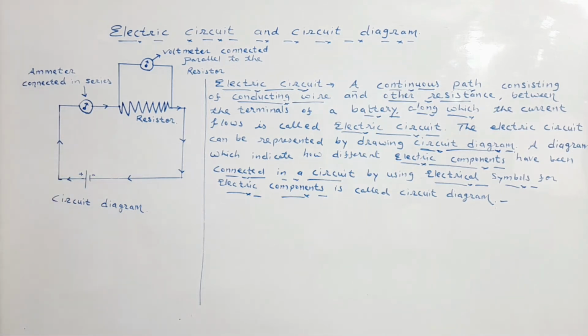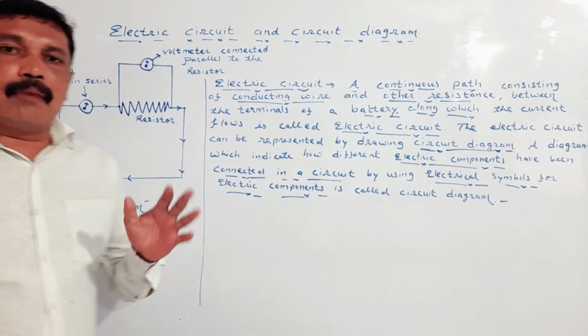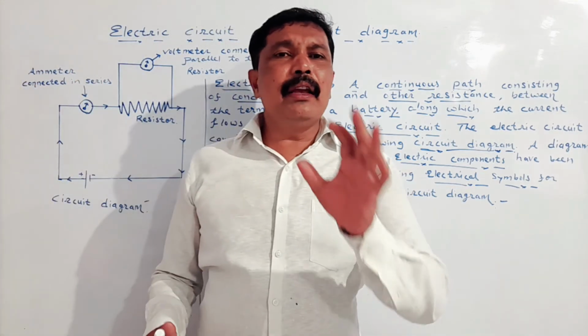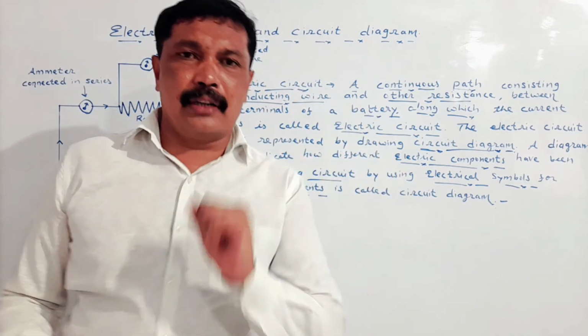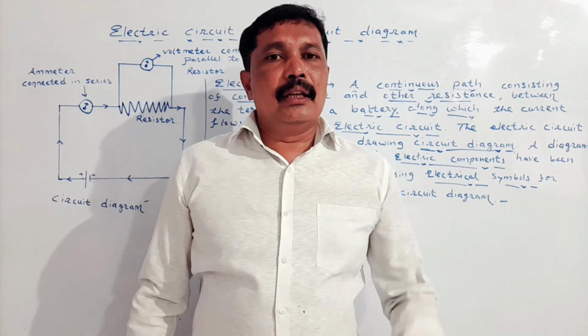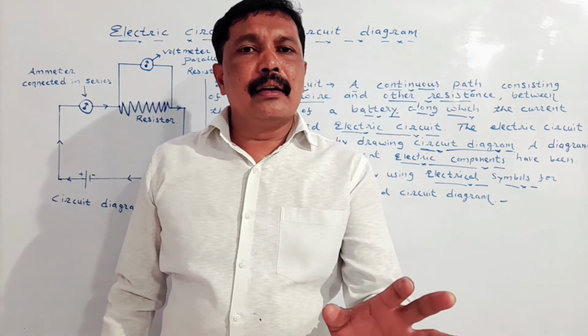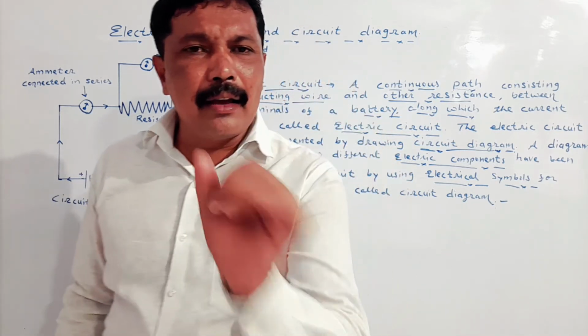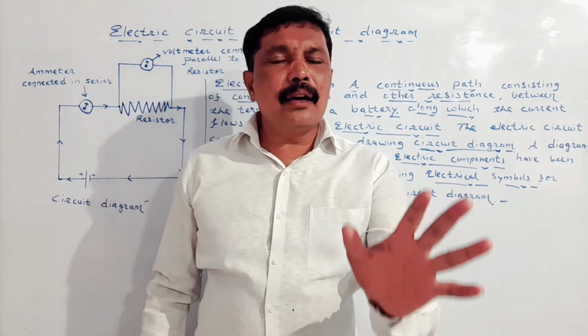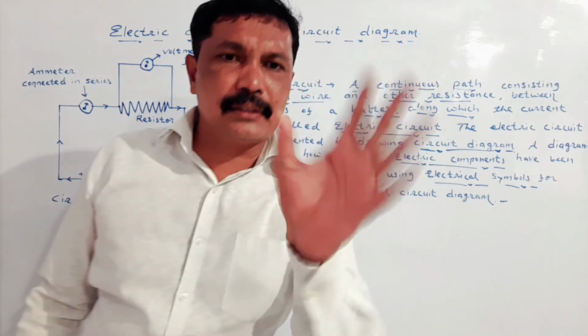My dear student, this is an example of circuit diagram. When we connect a potential difference in a connecting wire, then current flows through the circuit.